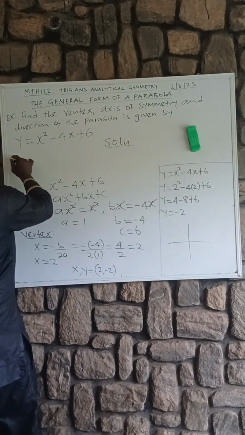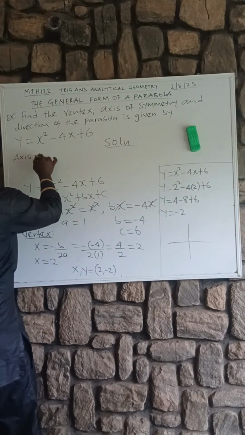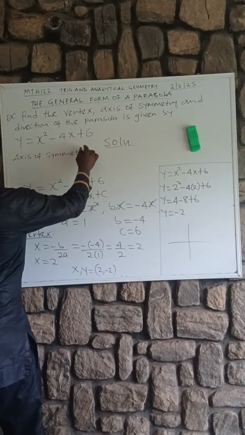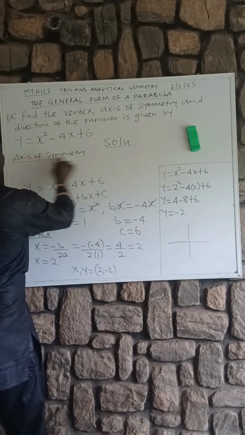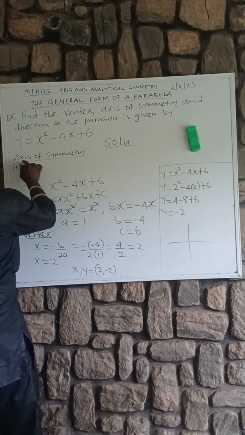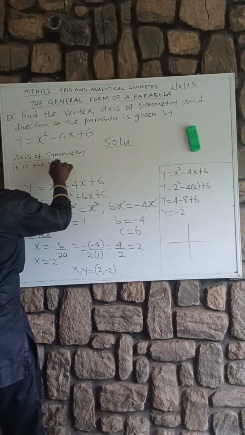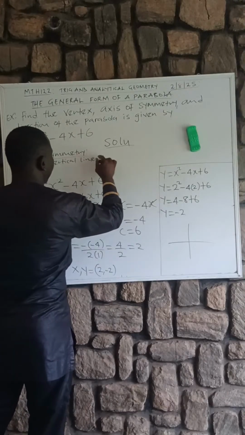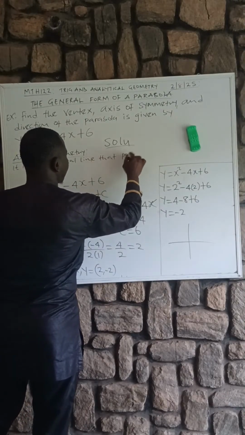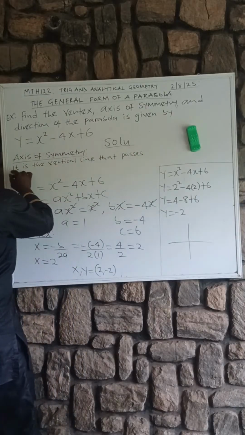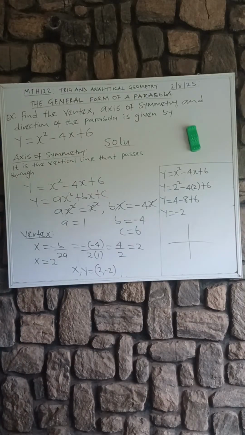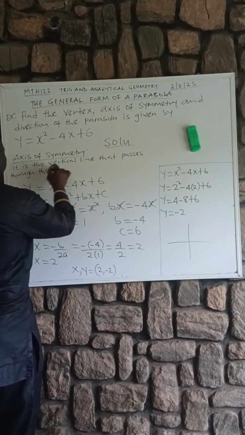Axis of symmetry: it is the vertical line that passes through the vertex.